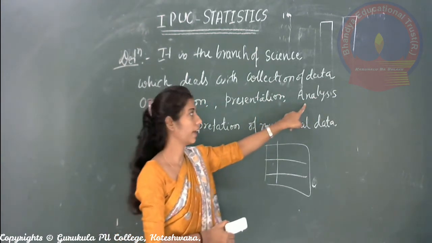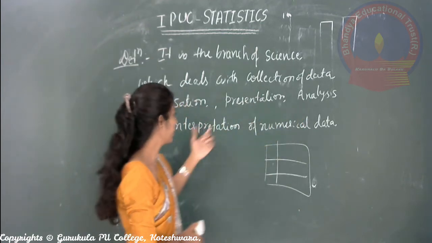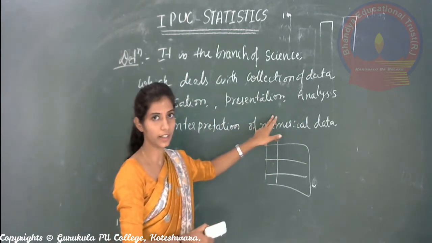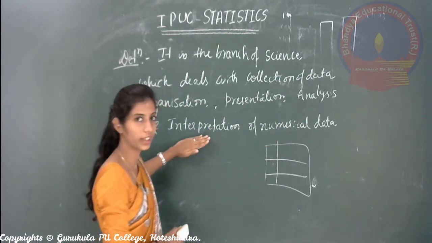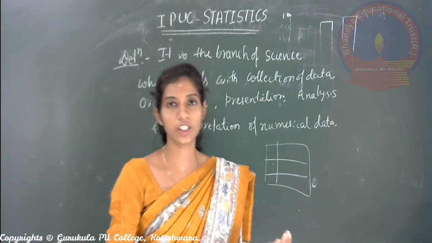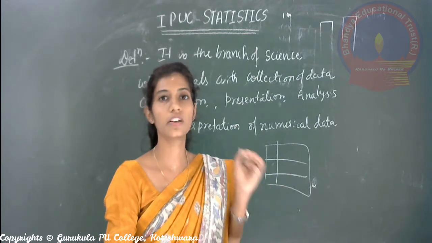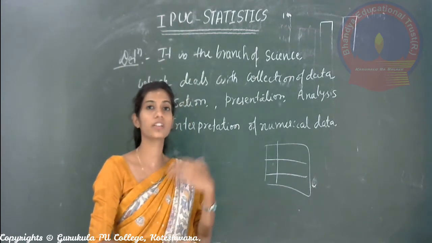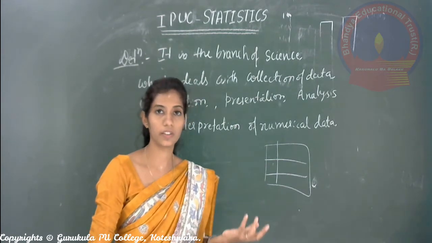And next, once you analyze the data, then you have to go for the interpretation or conclusion part. Giving the conclusion is very important. What message is this survey going to convey?